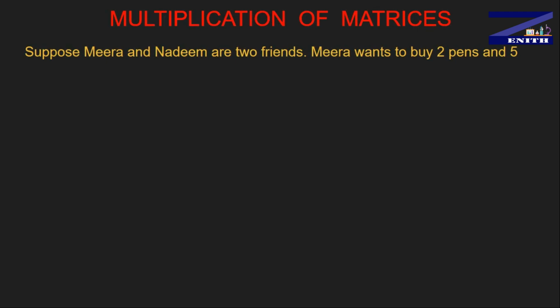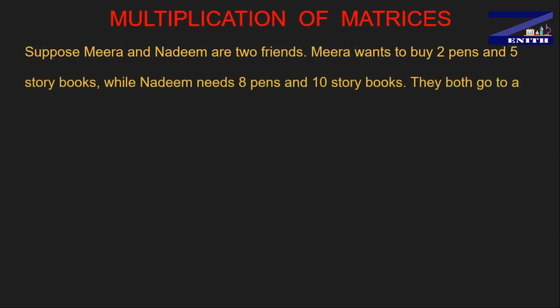Multiplication of matrices, guys. Suppose there are two people, Mira and Nadeem. Mira wanted to buy 2 pens and 5 storybooks, while Nadeem wanted to buy 8 pens and 10 storybooks.